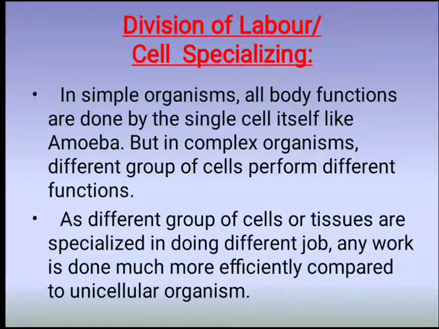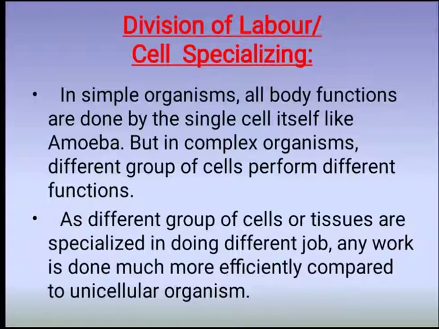That means in our body, or in the case of multicellular organisms, we have different organs for different functions. For example, we have the digestive system for digestion, the heart for the circulatory system, and so many more. But in unicellular organisms, all the functions are performed by a single cell, so there is no division of labor.